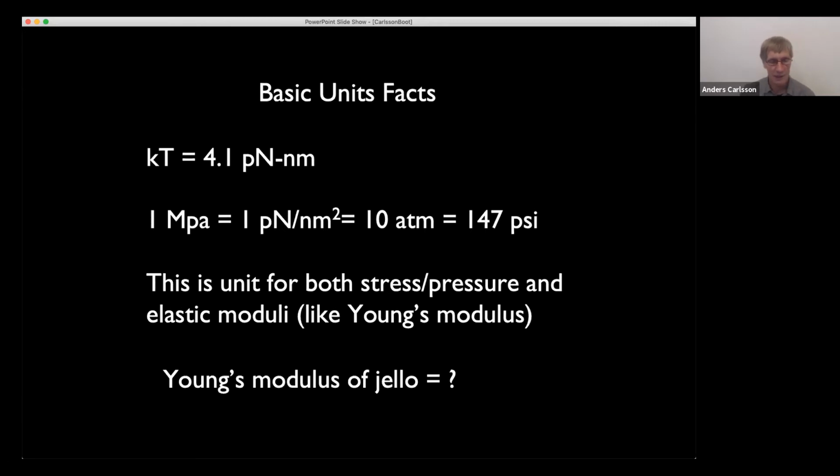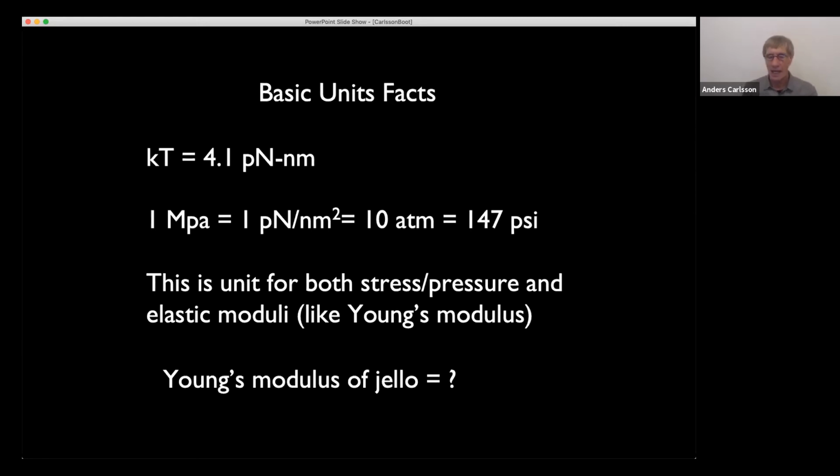So if you say the Young's modulus is a megapascal of some simple shaped object like a ball or a cube, then that would mean that if you exerted a megapascal of force density on that object, it would deform really noticeably. It would deform by a factor of 2.